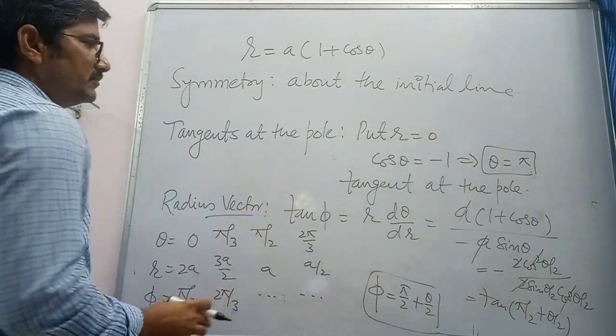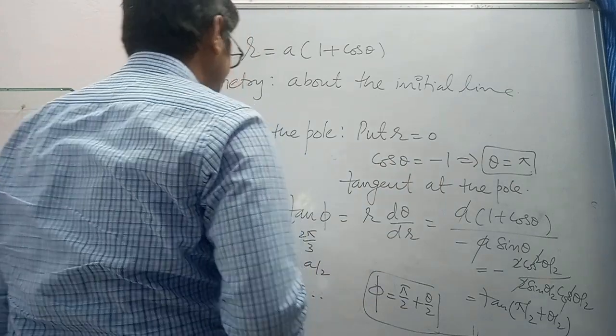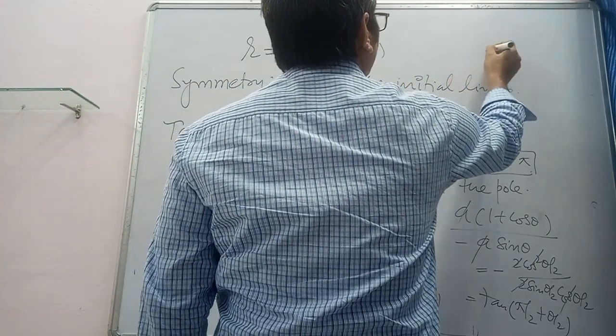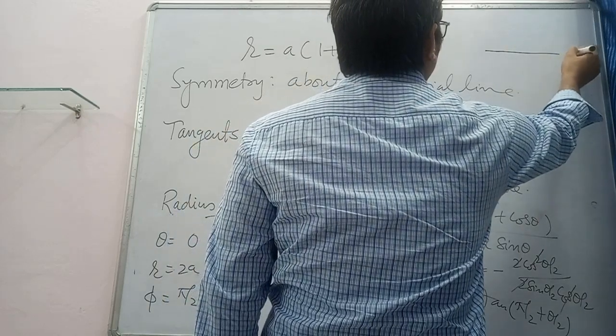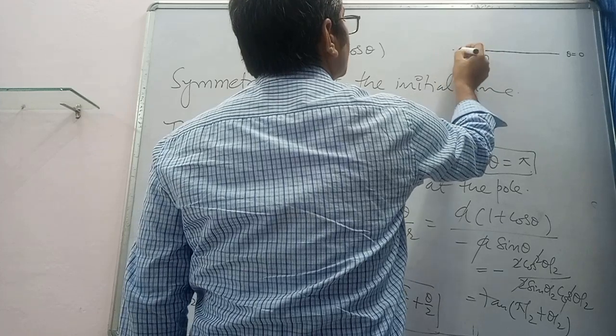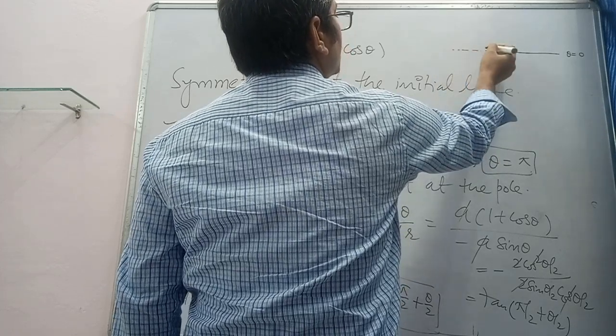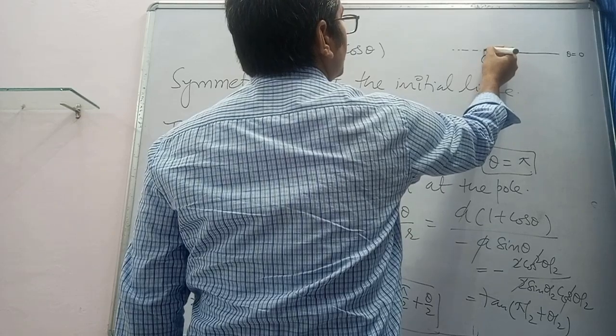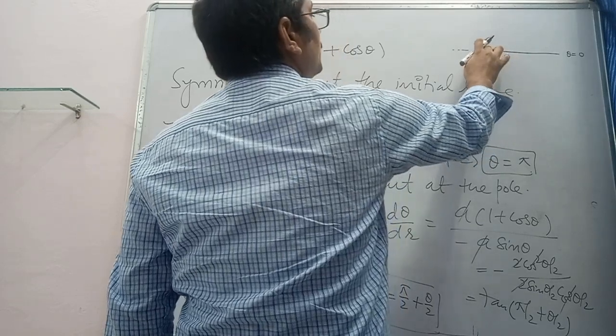So the tangent at the pole is theta equal to pi. Say this is theta equal to 0 and this is the pole, so theta equal to pi is this line in this direction. So this will be the tangent. It means the curve will originate from here at theta equal to pi.